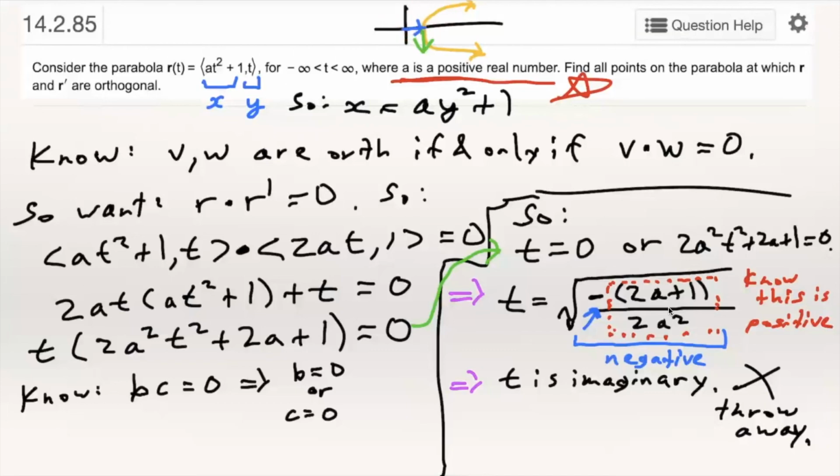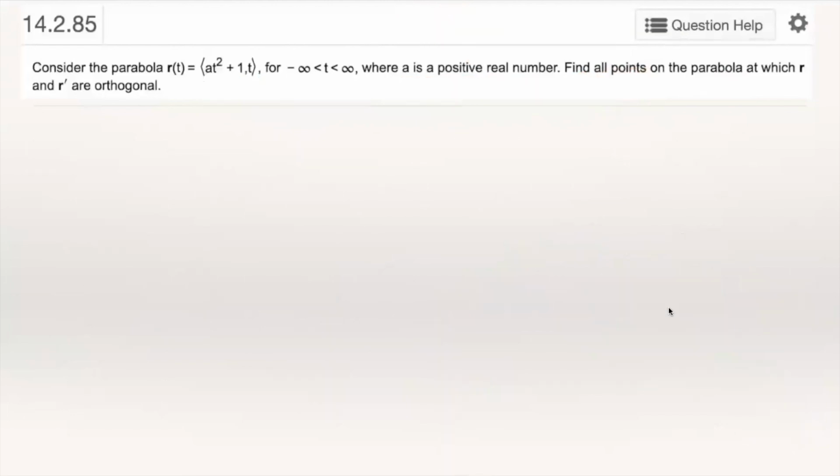However, that's not what we input, because it wants the points on the parabola where they're orthogonal, not just the parameter value. So we know that this occurs only when t is 0. We plug that in.